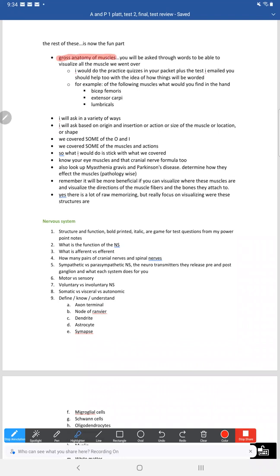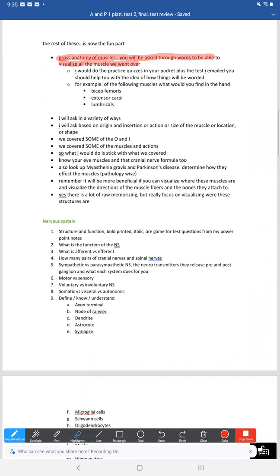So this one bullet covers many things, right? Because we went over a lot of muscles. Okay. So this is just exposure over and over and over again to the muscles. Now I gave everyone a list of the muscles that we covered, and you've got the 3D app, you've got the internet, you've got your book, and if you really don't know where the flexor carpi ulnaris muscle is, just look it up.